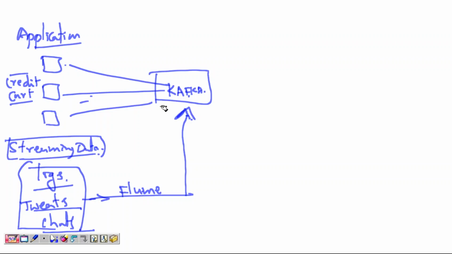Let's integrate these two systems. Now just observe, here I am engaging Storm. What will it do?